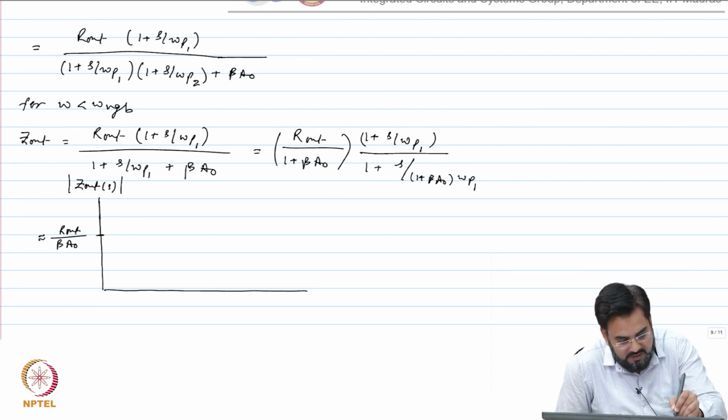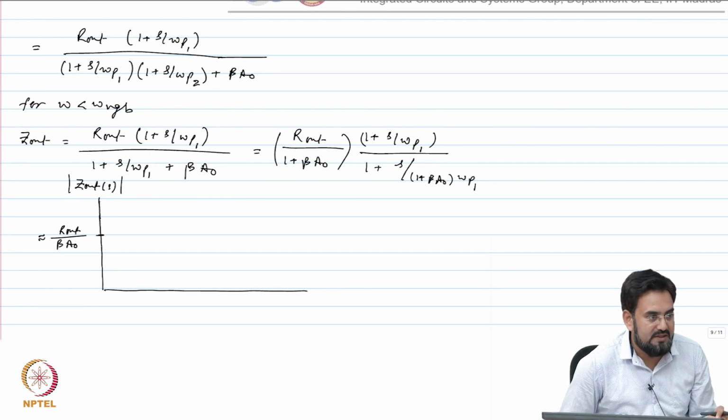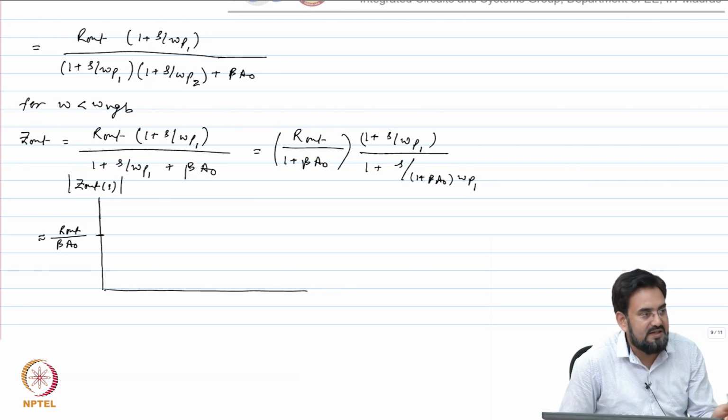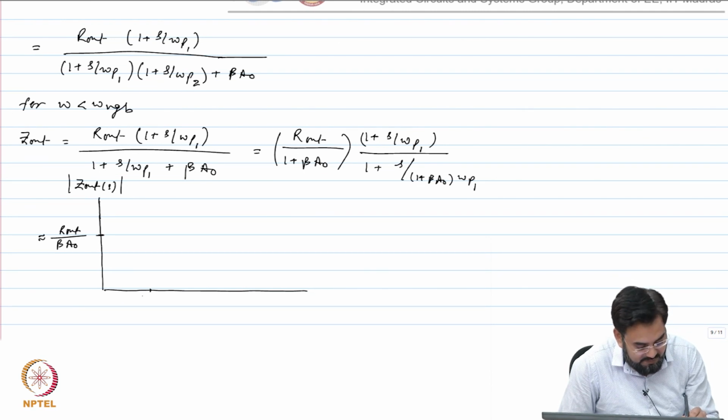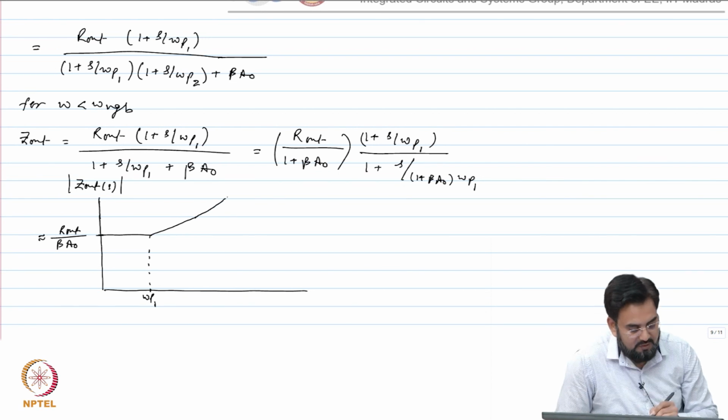So the first pole, or I will say your dominant pole, omega P1, has now converted into a zero for impedance. So if this is omega P1, how long will it go for?